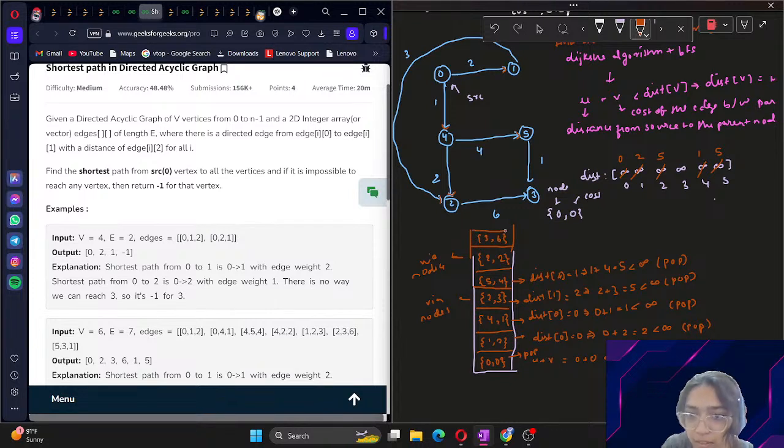So while popping it, we're gonna push 3 comma 1 into the queue. Right. Now distance 4 is 1 as discussed earlier. So 1 plus 2 is 3 less than 5. So we are gonna update the distance, and we are gonna pop this out.